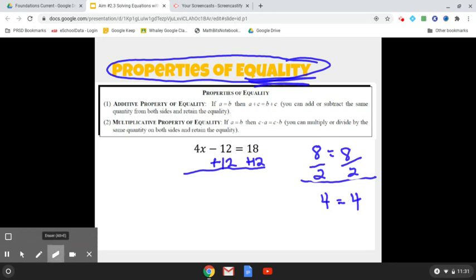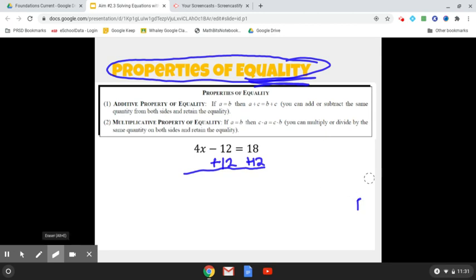Now, there is another property that's happening over here in this problem as we go to work on it. It's actually the first thing that you looked at there. This part where I added 12. And why did I add 12 to negative 12? Basic idea is that it cancels out, but what we have there is what we call the additive inverse.